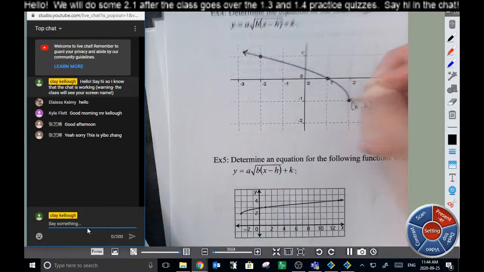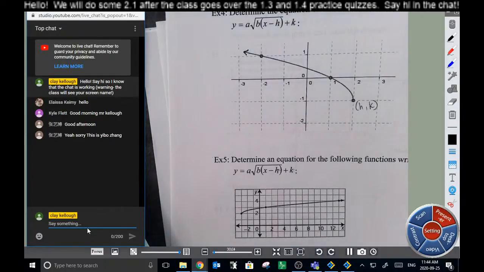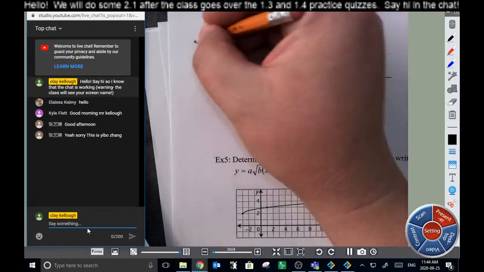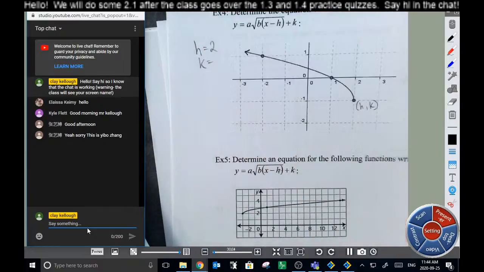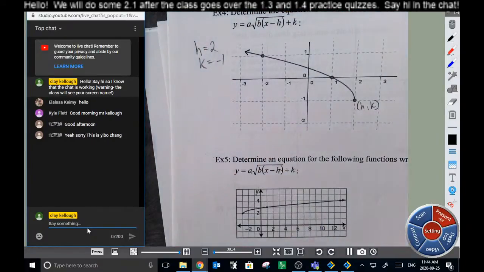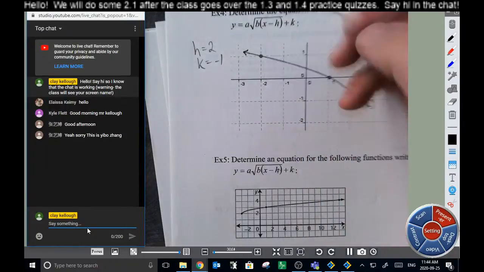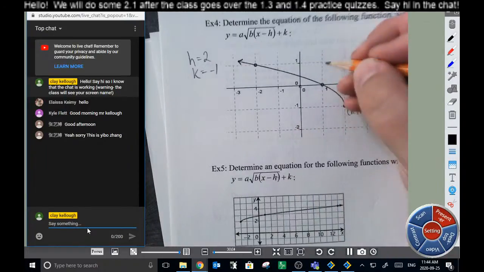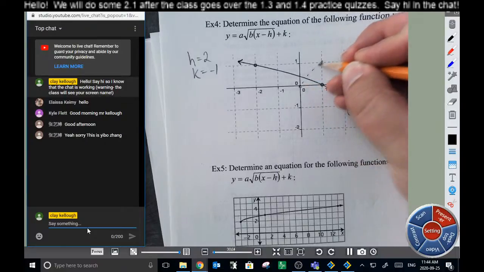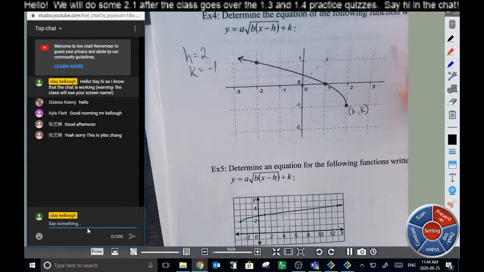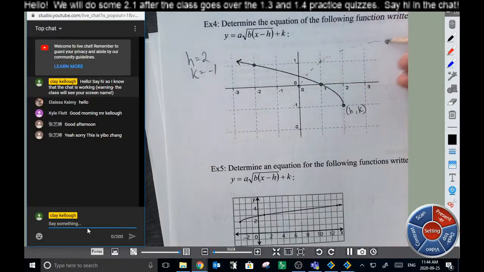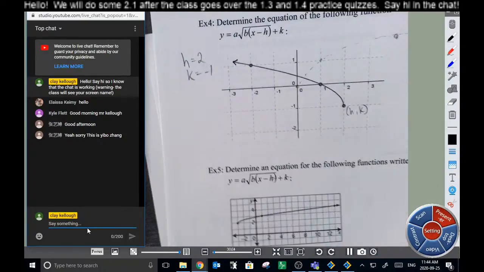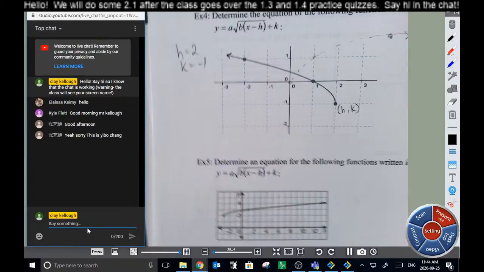The coordinates of this vertex point have to be H and K. So I already know that H is 2 and K is -1, because we shifted 2 to the right. Maybe you could even put in a dotted line for the parent function. So 4 would be 2, so about there. There we go. Do something like that to give yourself a nice little heads up.